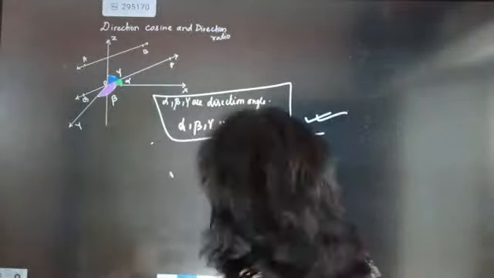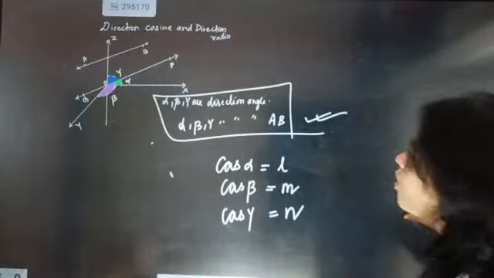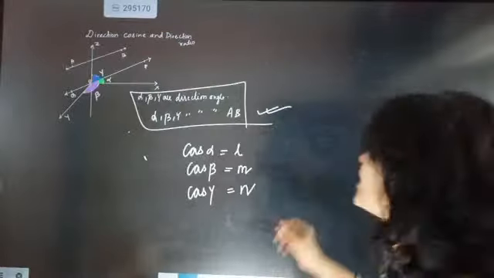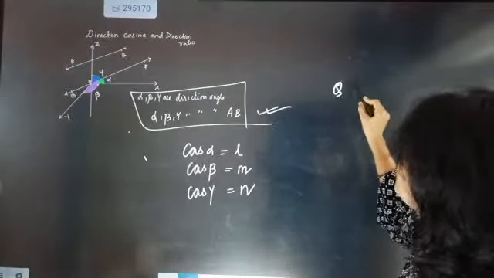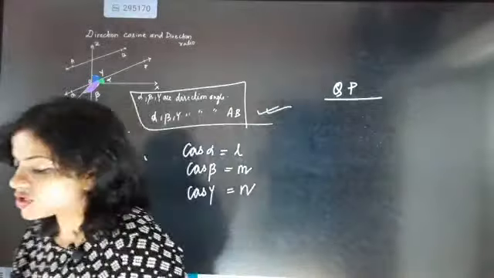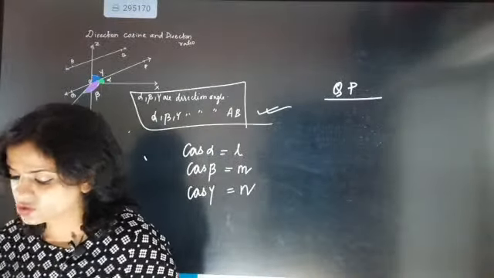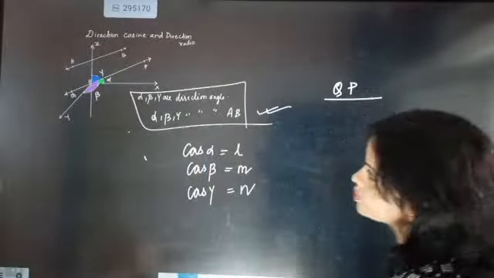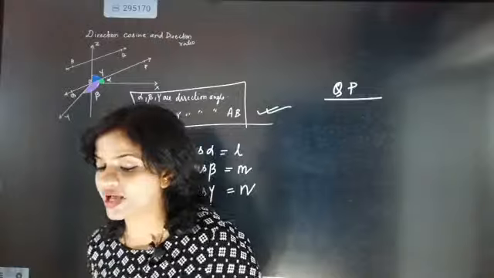Fine. So now next what we are going to do is, what will be the direction cosine of QP? Anyone tell me direction cosine for QP? Right now we were talking about direction cosine of PQ. Now I want the direction cosine of QP.